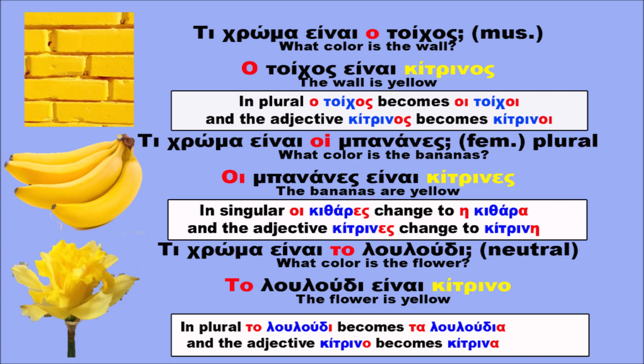And in plural, το λουλούδι becomes τα λουλούδια. The article το becomes τα. And the ι in λουλούδι becomes α in λουλούδια. And the adjective κίτρινο becomes κίτρινα.